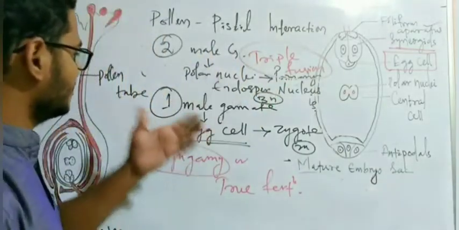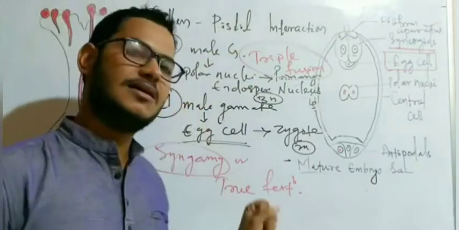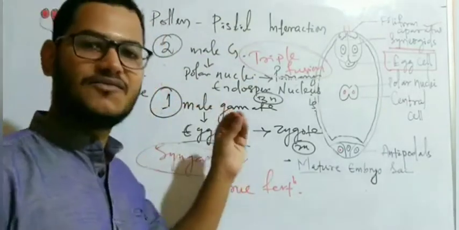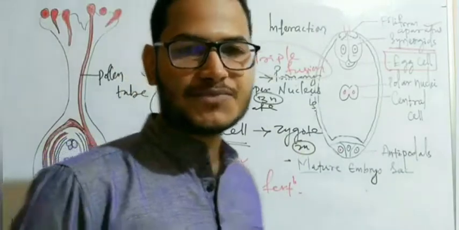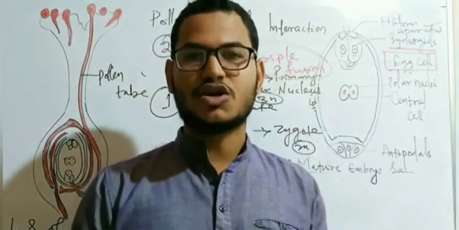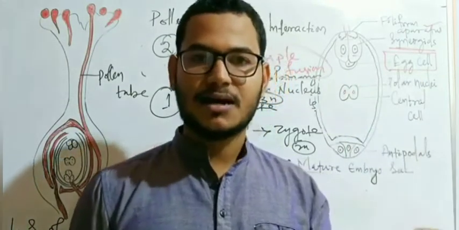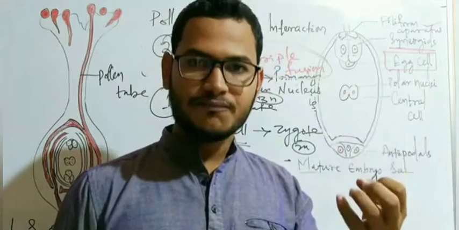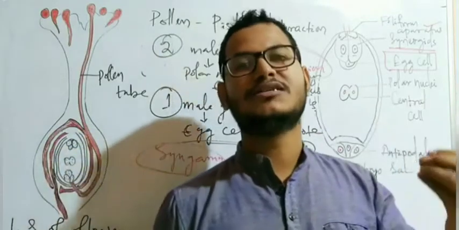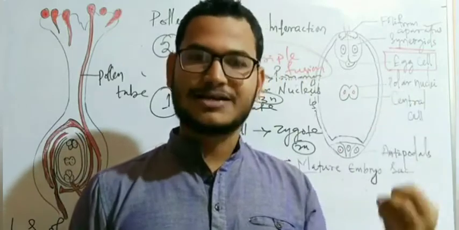The process of triple fusion and syngamy is only seen in flowering plants or angiosperms. So this is all about the interaction between the pollen grain and the pistil, the female reproductive unit.